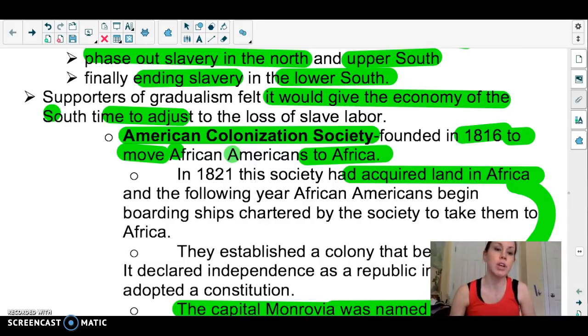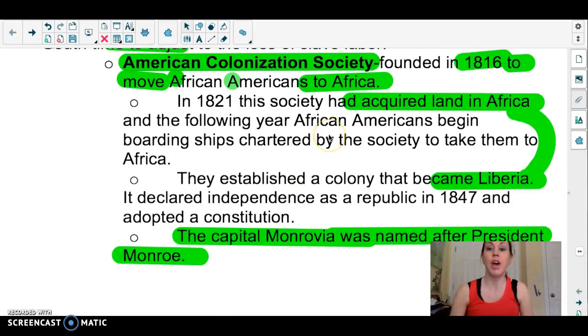So with that also comes an introduction to the American Colonization Society, which was founded in 1816 with the idea of moving African Americans back to Africa. And they actually acquired land in Africa. It says the following year, African Americans began boarding ships chartered by the society to take them to Africa.